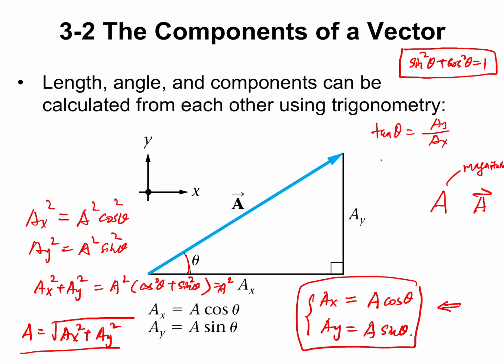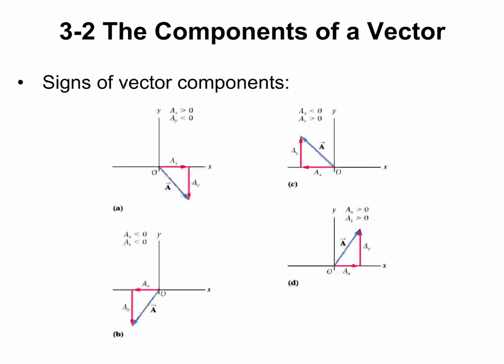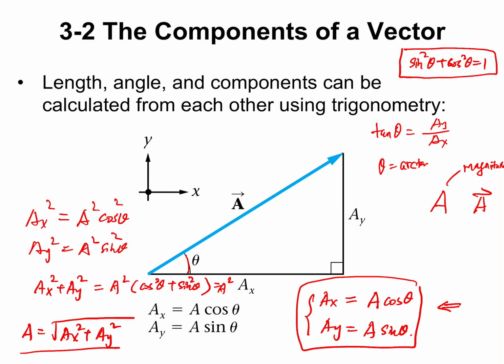So theta equals arc tangent of Ay over Ax, or you can write it this way: the inverse tangent function of Ay over Ax. This is equivalent. If I give you magnitude and direction, you can figure out the components, or if I give you components, you can figure out the magnitude and direction. So there are two ways to describe a vector.